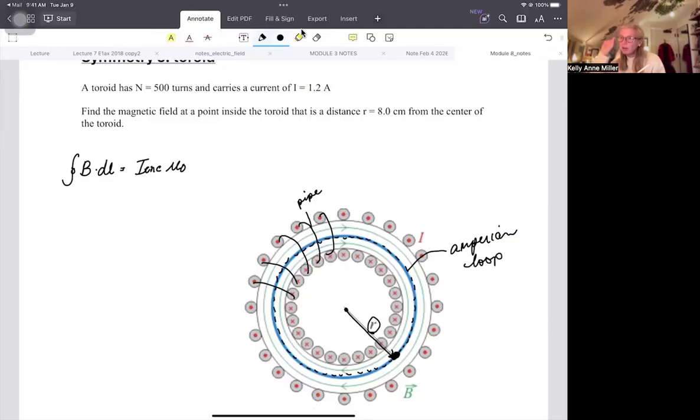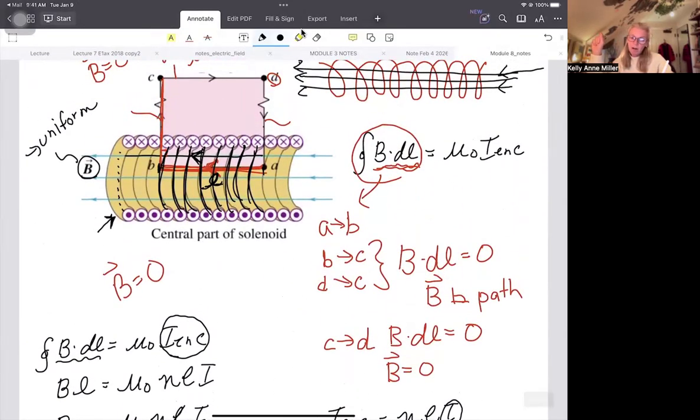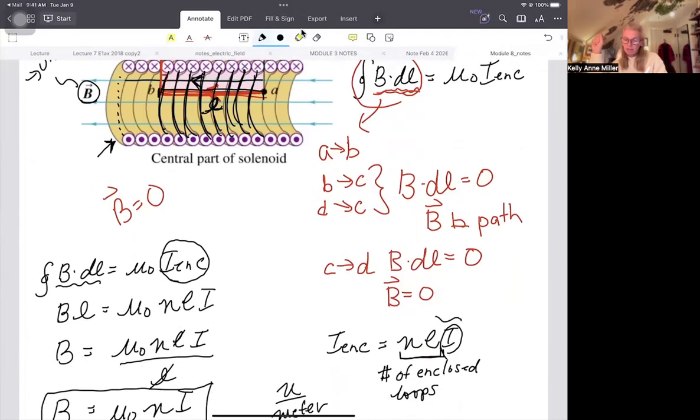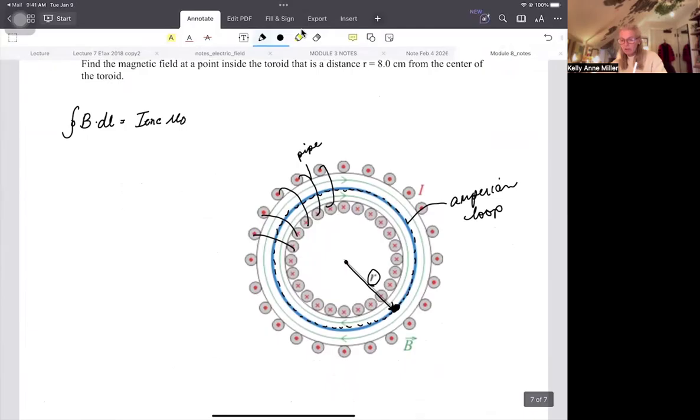With that loop, I have enclosed all of the turns, unlike the solenoid where I've only enclosed the turns that are part of my Ampérian loop of length L, which is why there's this expression here. With a toroid, I draw it inside the toroid. So my I enclosed is just the number of loops times I, because this dotted line encloses all the loops.